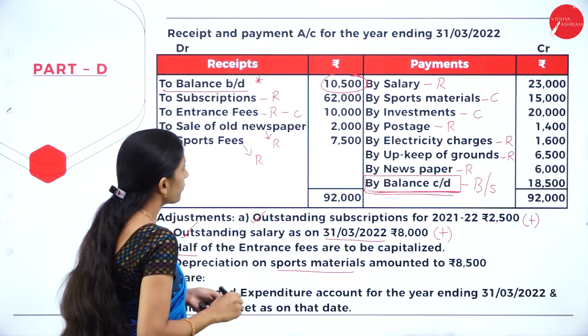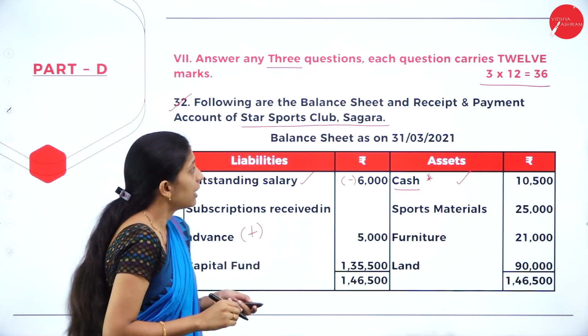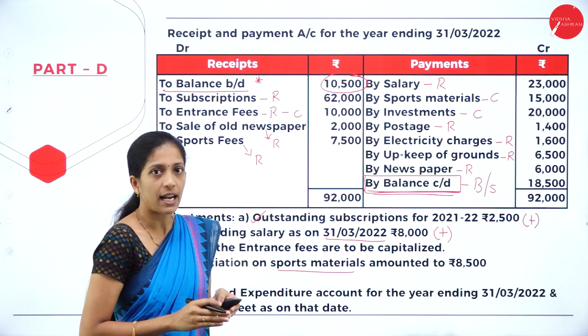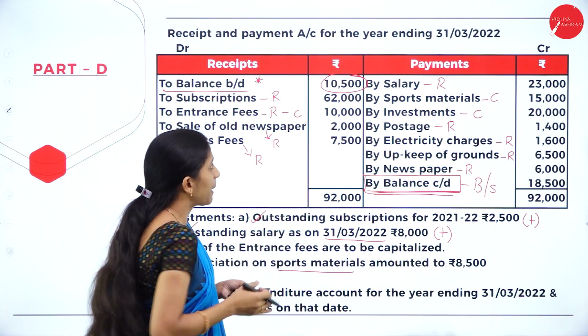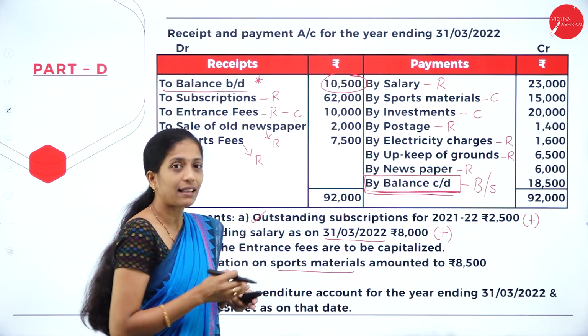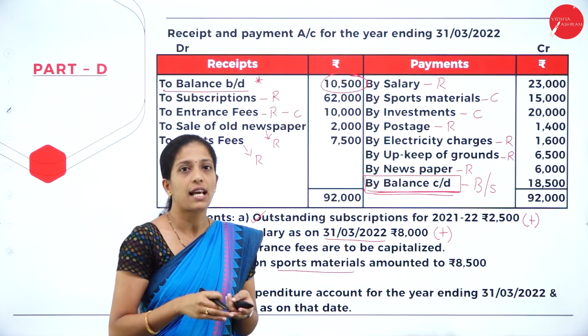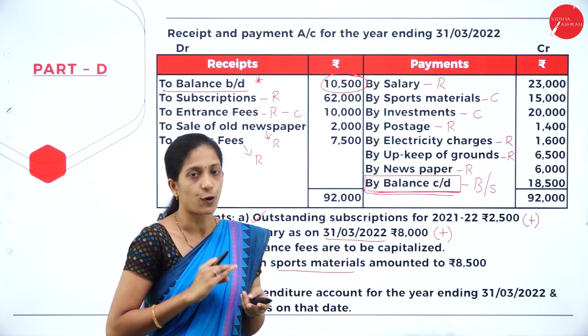Next one, we have sports material 25,000. But here also we have sports material in the receipt and payment account, on the payment side. If it is there in the opening balance sheet and again in the receipt and payment account, it means we have purchased new sports material.